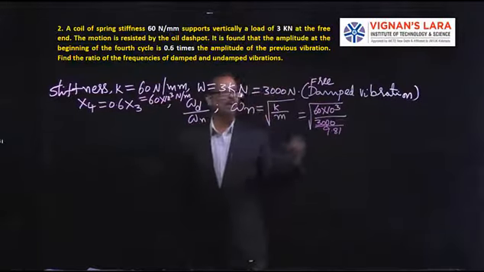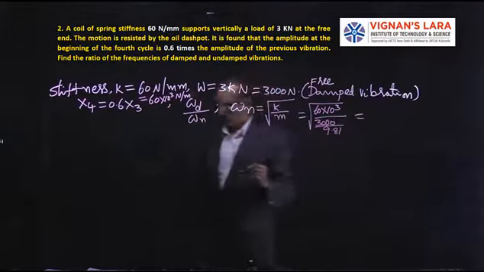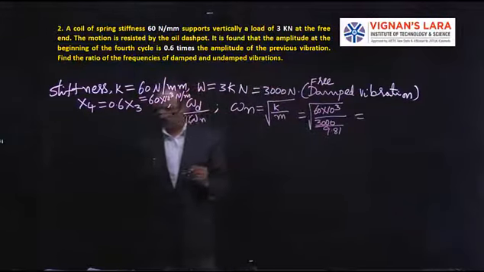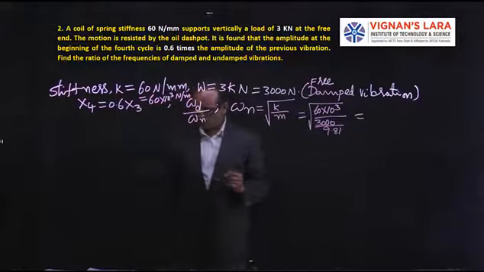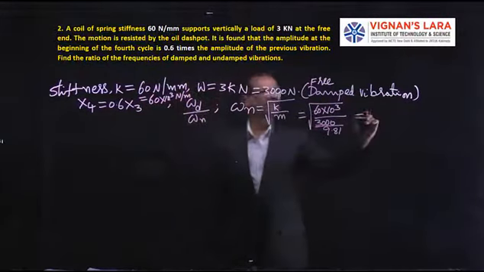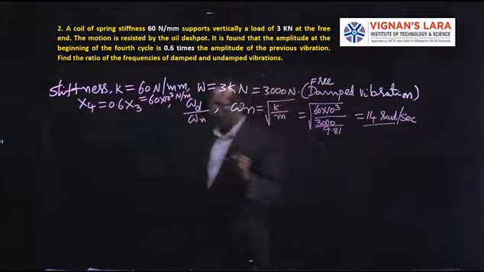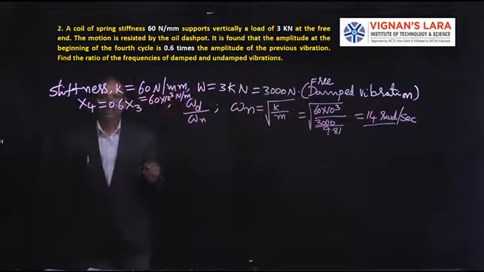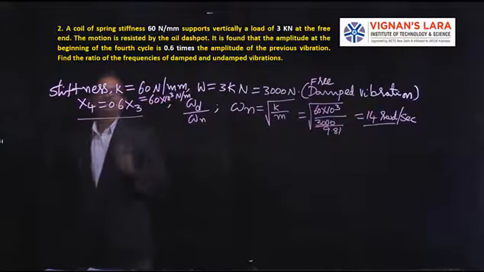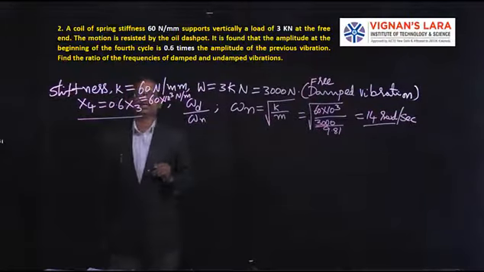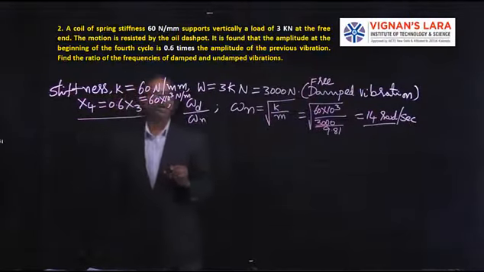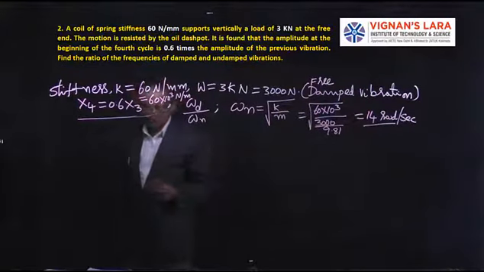If you calculate this value, you get omega n as 14 radians per second. That is the natural frequency. Then what is the data further given? The fourth amplitude of the vibration is 0.6 times the previous one.